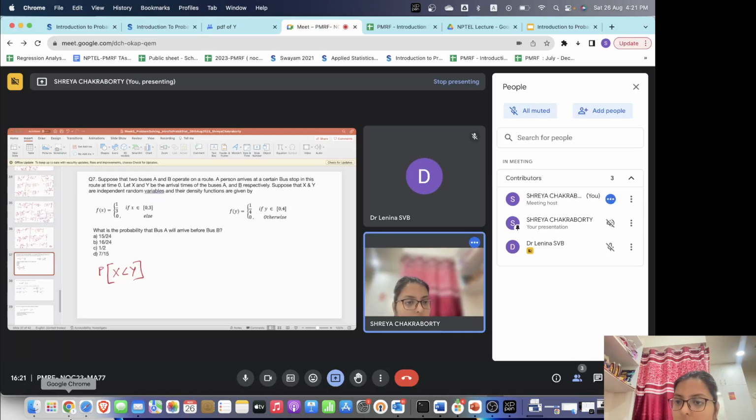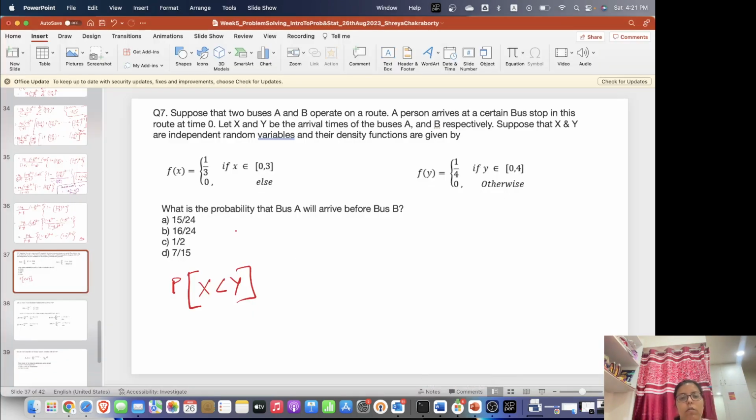Is it okay? So we have to find out probability x less than y, strictly less than y. We can write this as, let us fix y at a given point.